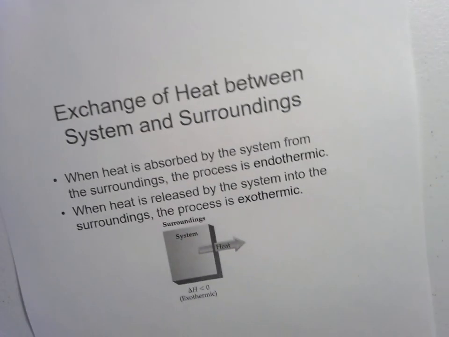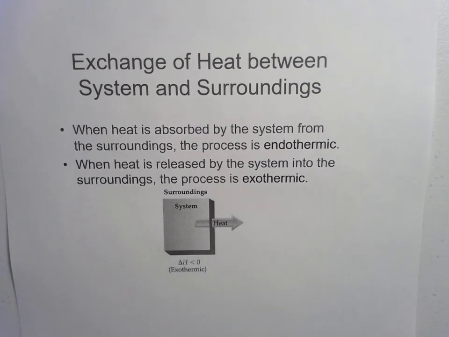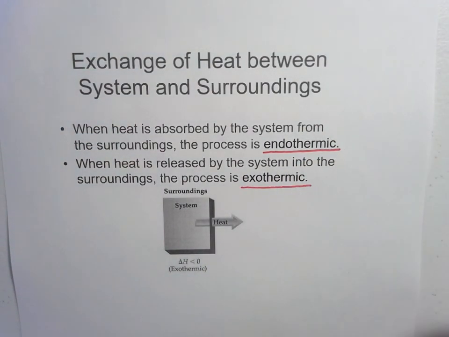With heat flow, there's a couple of ways to define it, and there are two key terms when you talk about heat exchange. One is called endothermic, and the other is called exothermic. Whenever heat is absorbed by the system from the surroundings, it's known as endothermic.